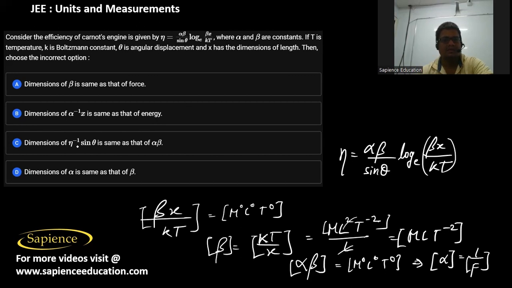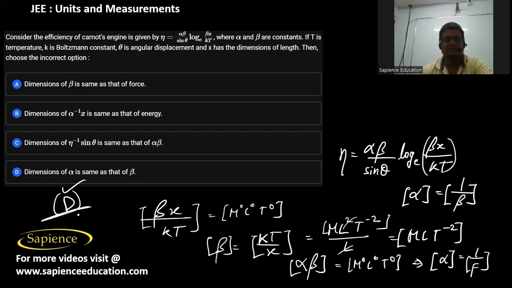And eta is also dimensionless, and alpha beta is also dimensionless. Dimension of alpha is same as that of beta, so this is wrong, since alpha has the dimension which is reciprocal of beta. Reciprocal of beta has the same dimension as alpha. So option D is the incorrect statement. So D is the correct answer.